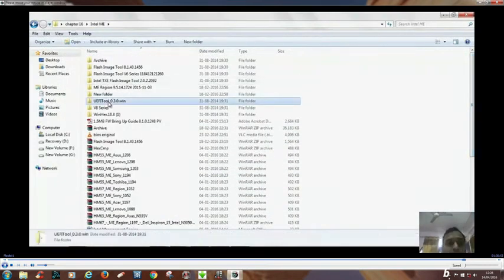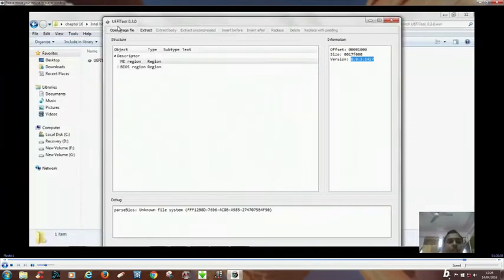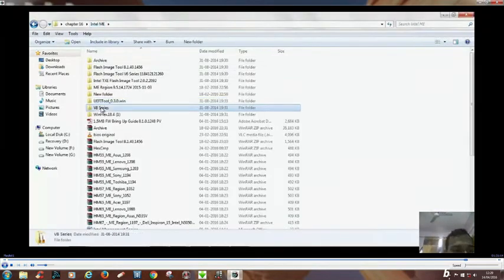One is the UEFI tool, another is the WinHex tool. We'll open the UEFI tool, we'll open the BIOS file, and we can check the AMI region version. What is the AMI region version? It is version 8, and I already have backups of version 8.